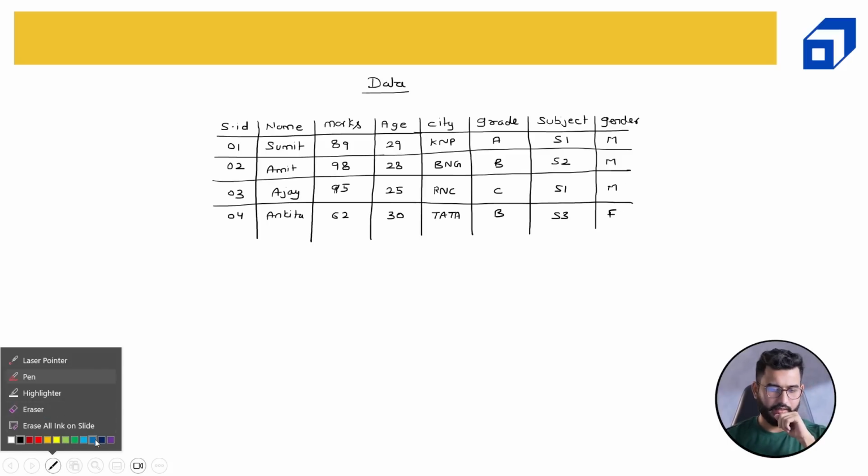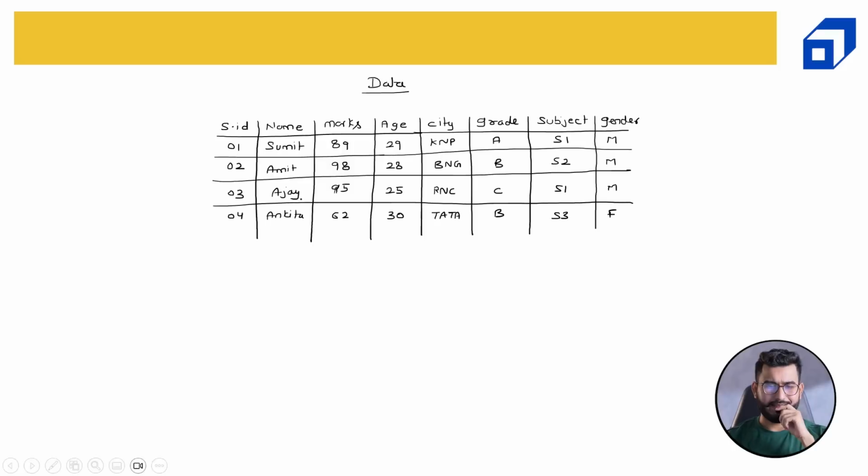Now if I ask you, are you able to observe any kind of distinction among all the kinds of variables that we are having in this data? So remember, these columns are also known as the variables.